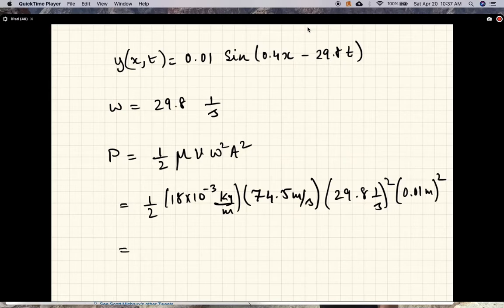Alright, so now if we calculate all of this, let's take care of powers of 10 first. This is 10 to the minus 2, 10 to the minus 4, 10 to the minus 7, so there's 10 to the minus 7. And this is power, so it would work out in watts. Now let's do the other parts. Half times 18 times 74.5 times 29.8 squared.